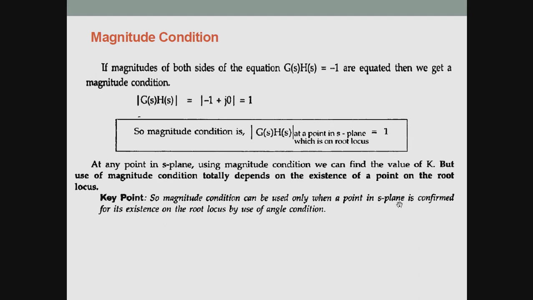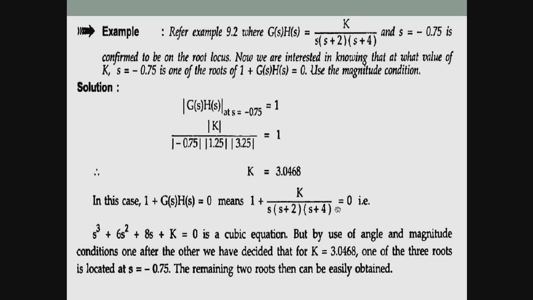Okay, so the key point is that the magnitude condition can be used only when the point in the s plane is confirmed for existence on the root locus by using the angle condition. We cannot just say that if it is 1, we can directly write it as 1; for the existence, we have to do the angle condition.